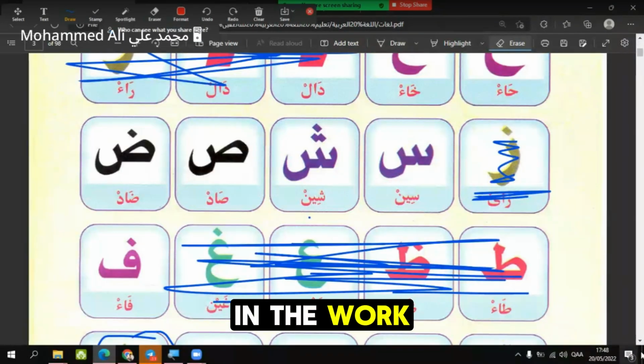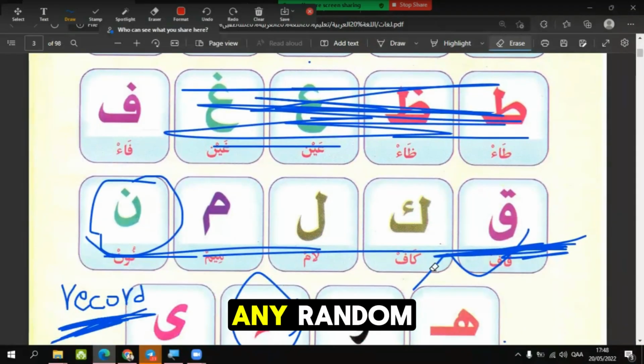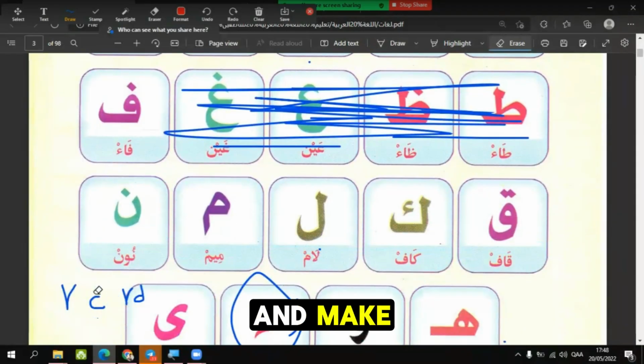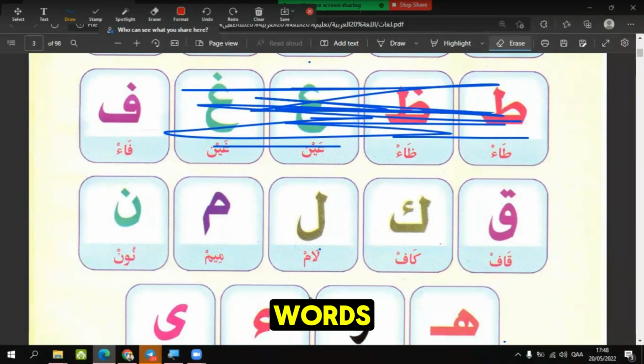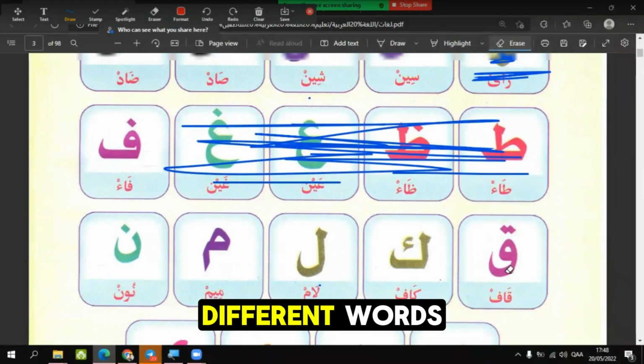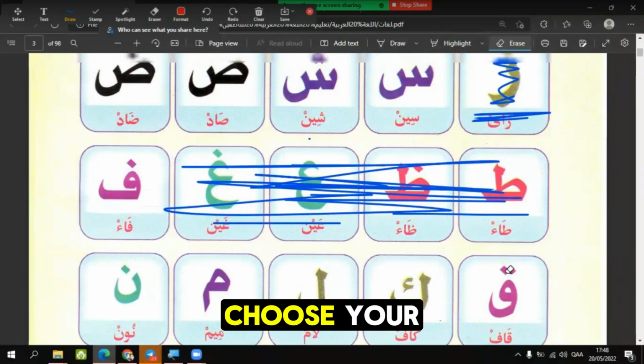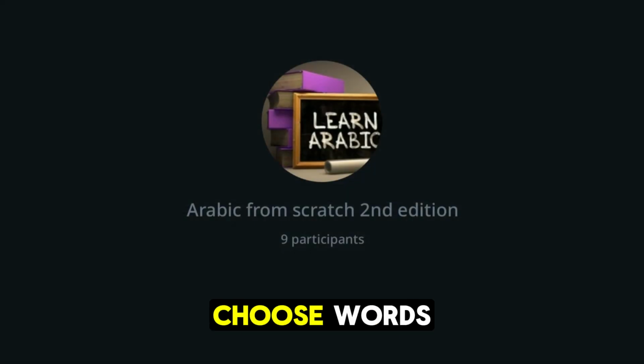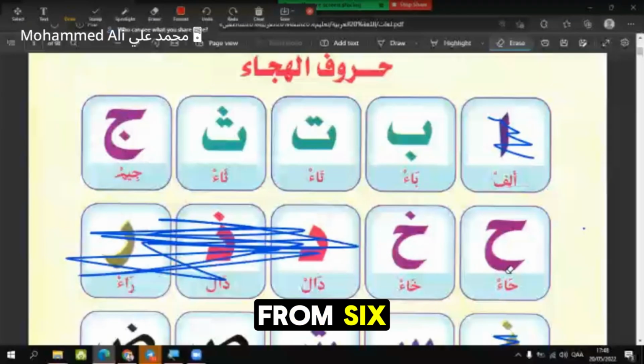I want you in the homework to choose any random letters and make 3 different words. You can choose your letters randomly. Choose words made from 6 letters.